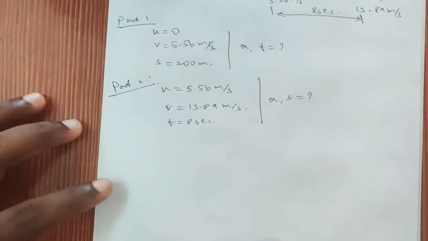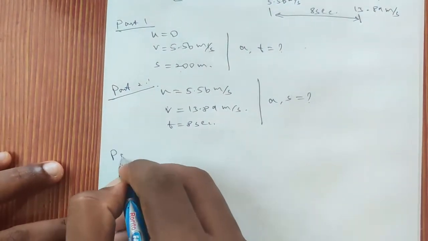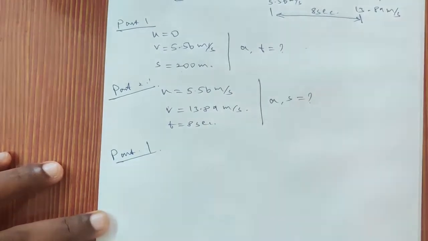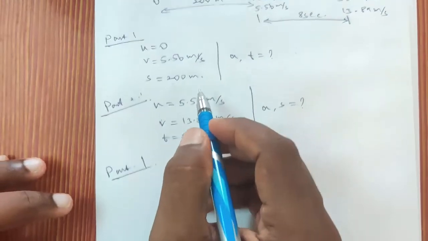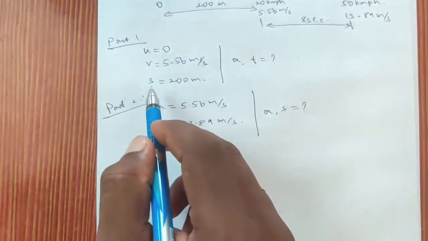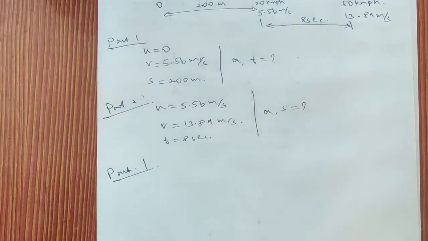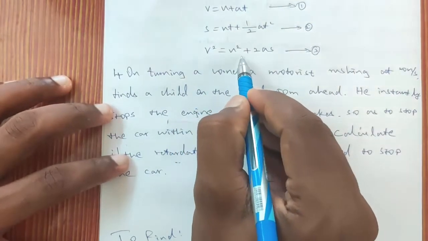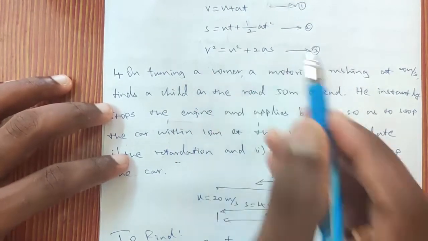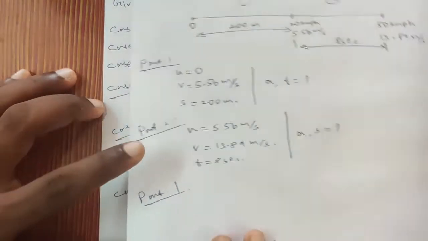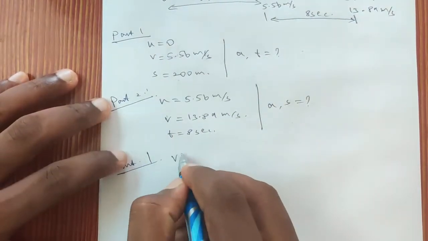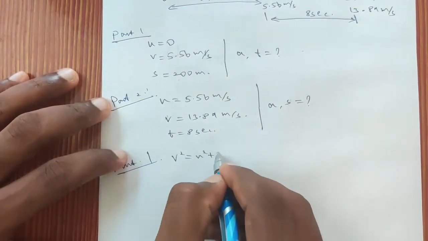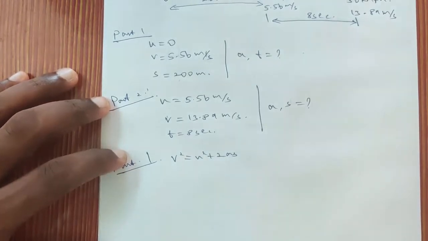Okay, so first consider part 1. We have u, v and s, and we have to calculate a. So go to the equations. We can use equation number 3, that is v squared is equal to u squared plus 2as.